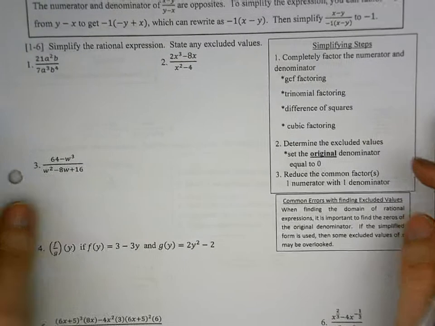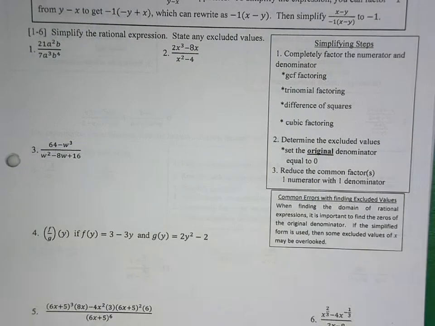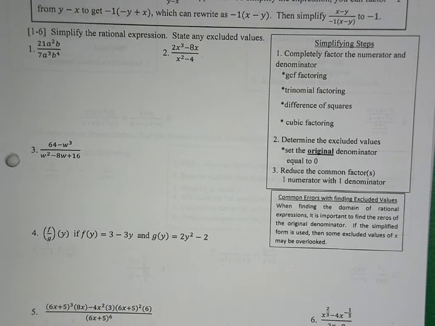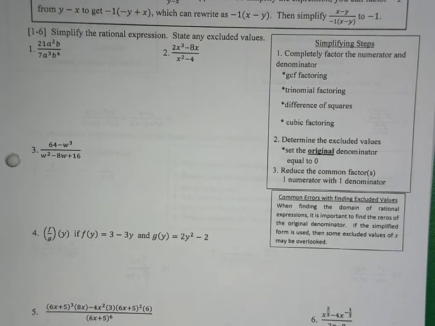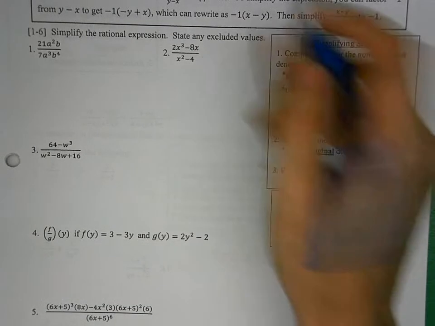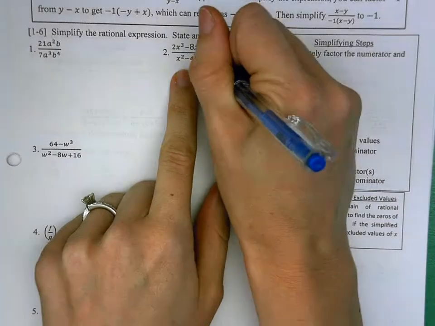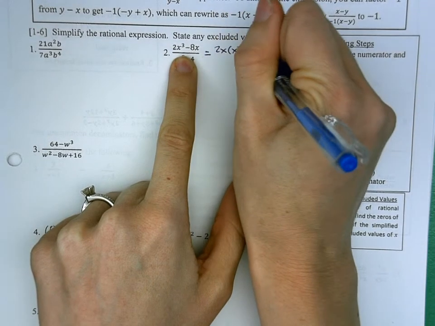Okay. So we're going to walk through a handful of these just to demonstrate the simplification process. We're going to start here with number 2. To simplify, you're going to start with factoring your numerator and denominator as completely as you are able to using any of these procedures. For this one, on my numerator, I'm going to factor out a 2x, which would leave me with x squared minus 4.